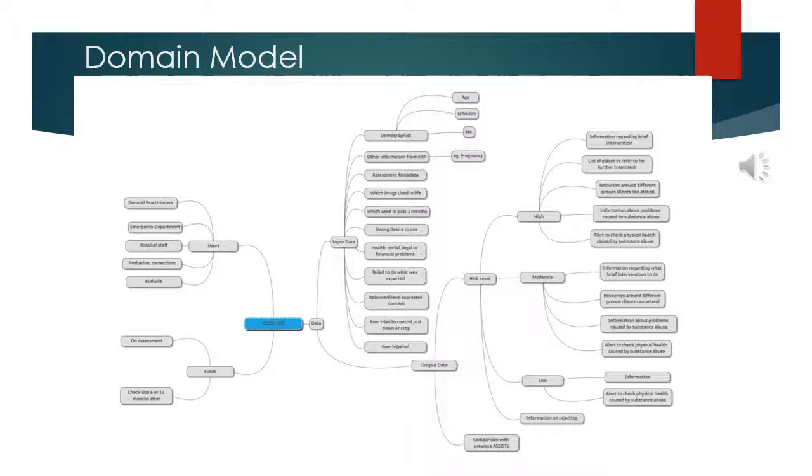Low would give you just some basic information and still alerts for physical health concerns. It would also give information on injecting, if you answered injecting, and the output data would also give you a comparison between previous assists that have been completed.